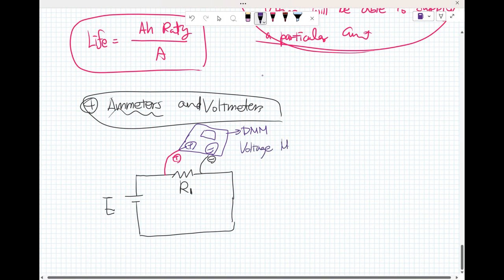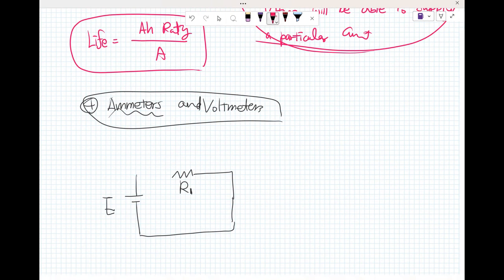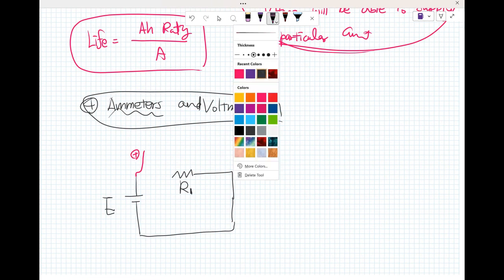But if we want to measure the current, we must break the circuit, for example like this, and connect the red and black leads of the DMM.